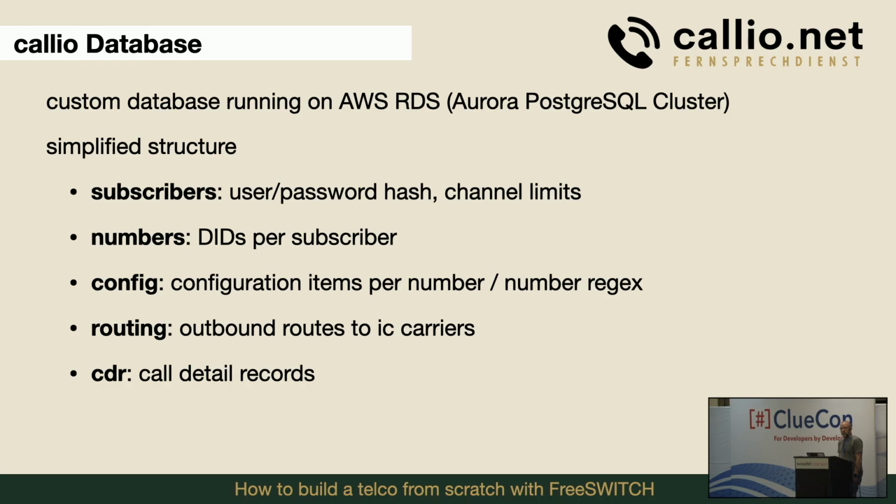Our own Collier database holds subscriber data like user password hashes and channel limits, the numbers per subscriber, some configuration data we can set down to each number, routing tables for outbound routing to the interconnection carriers, call detail records, and much more, like billing data, and so on.